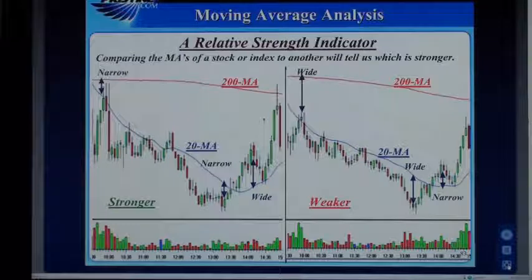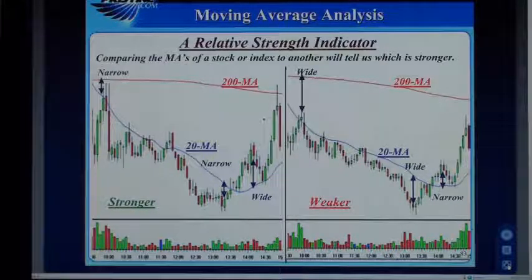So the stock on the left, the distance at the low of the stock on the left was smaller as it made a new low compared to the one on the right. Note the one on the right was falling sharply at that time, whereas the one on the left was going sideways and then made a slight new low, so it was showing relative strength, moving sideways, while the other stock was moving down.